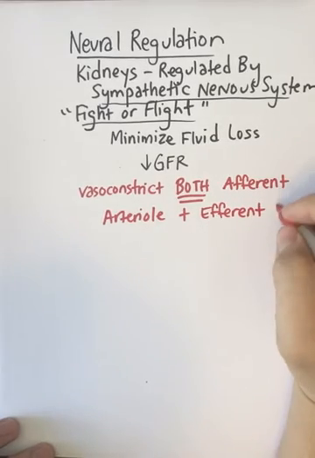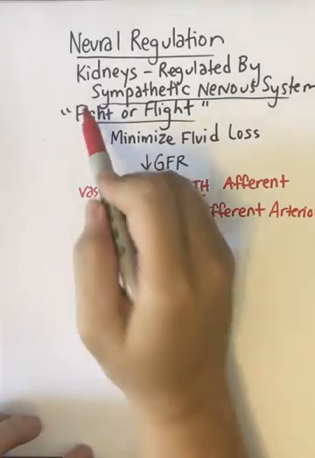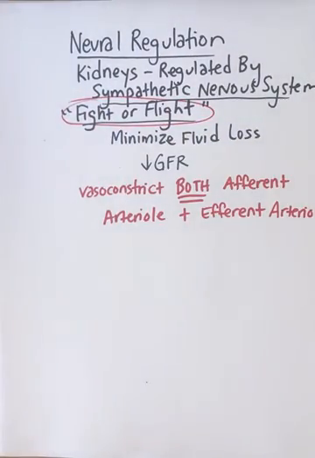And the reason we are doing that is we don't want blood to go to the kidneys. We are in fight or flight mode, so we are contracting our muscles for our life. So we vasoconstrict, we cut off the kidneys because they're non-essential. And the reason is we need to minimize fluid loss.